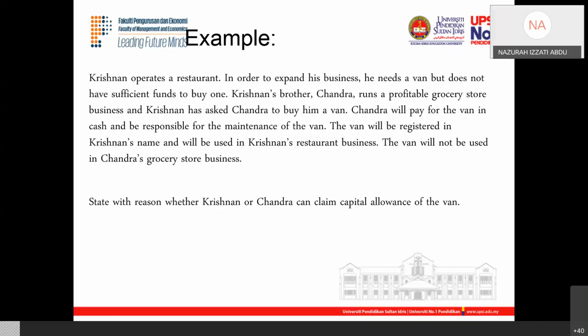Chandra Prof. Chandra or Krishnan? What do you think? Krishna. Sebab dia Krishnan lah. Chandra. Lagi? Chandra or Krishnan? Ada jawab Chandra, ada jawab Krishnan. Chandra sebab dia responsible for the maintenance of the van. Okay. Yang jawab Krishnan tadi, why?